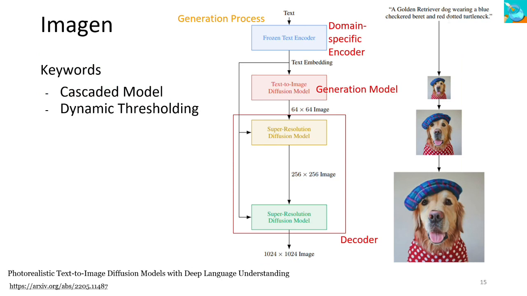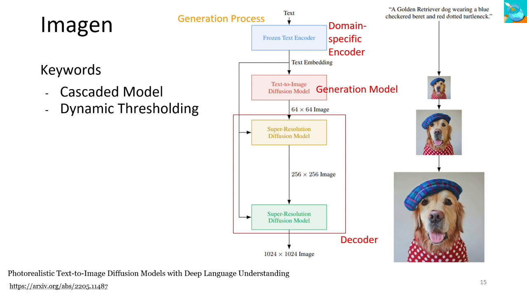Then let's move to the next paper. Now, let's talk about Imagen. If you look at the Imagen architecture, you will see it is also following the paradigm that I first mentioned. You see there is a text encoder, a generation model, and also a decoder.